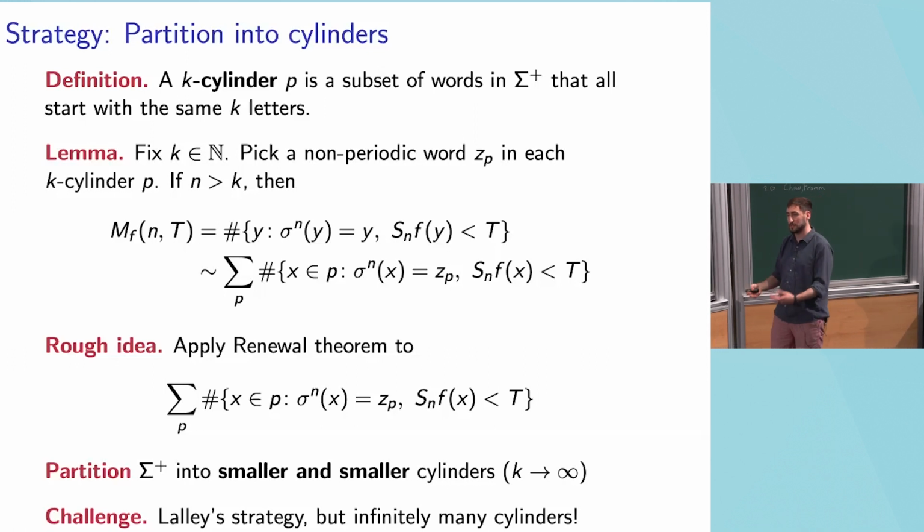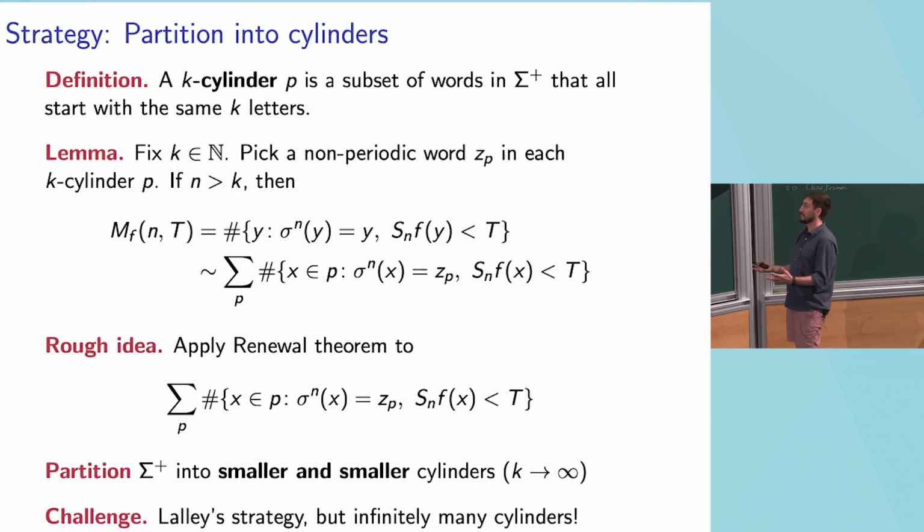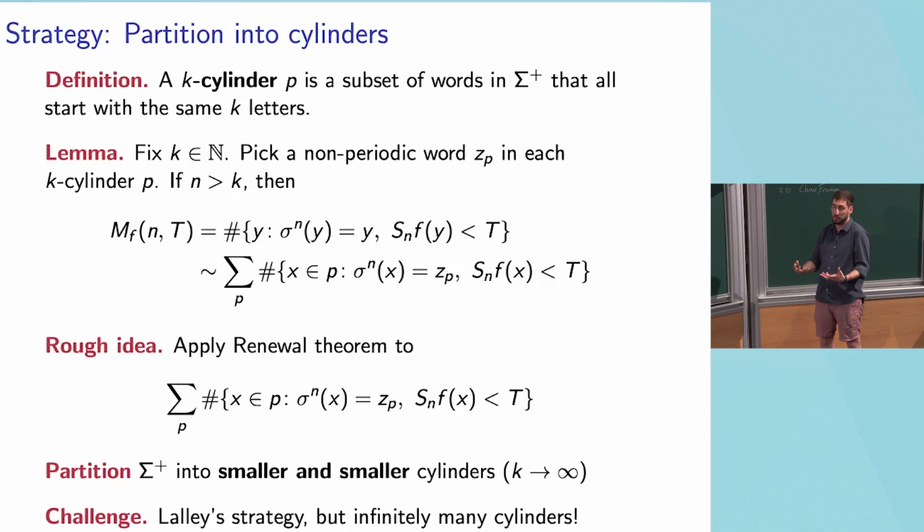If you know that some finite sums converge, you're fine. But if you have infinite sums and you need to take limits and refine, that's a challenge. That's where a lot of the work is. We need to estimate a lot of subsets of the shift to make sure that this happens.